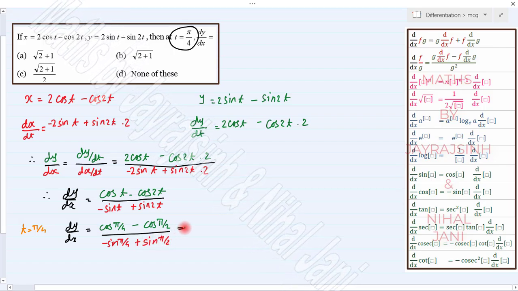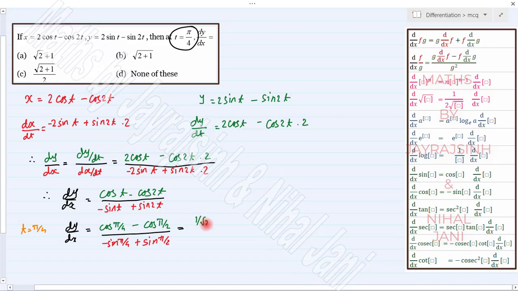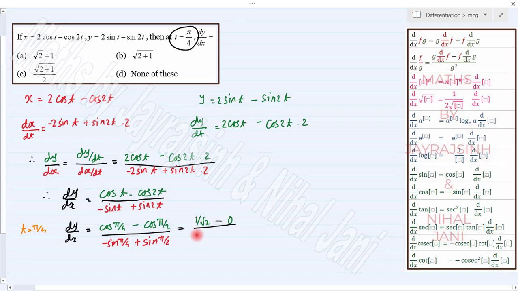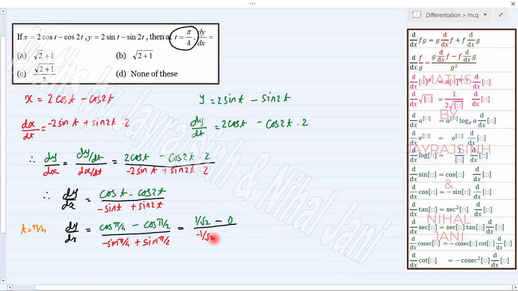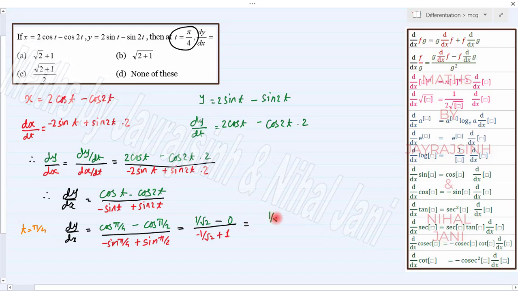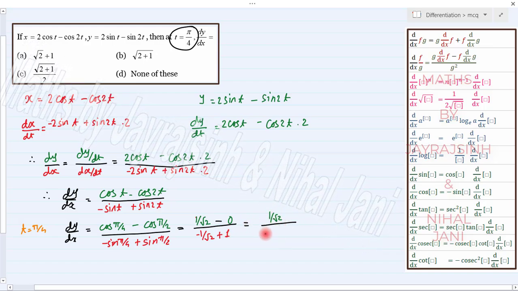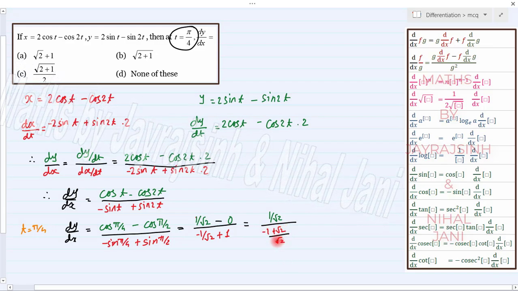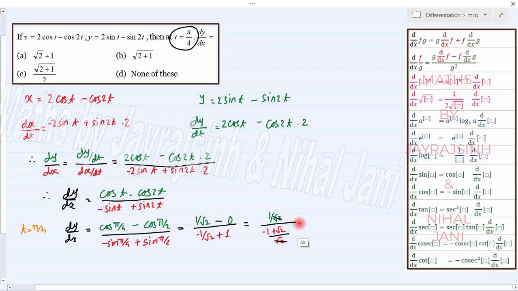Your cos pi by 4 is 1 upon root 2. Cos pi by 2 is 0. Sin pi by 4 is 1 upon root 2. And sin pi by 2 is plus 1. So if we take LCM, we will get 1 upon root 2 whole divided by (minus 1 plus root 2) upon root 2. So this root 2 will cancel out.